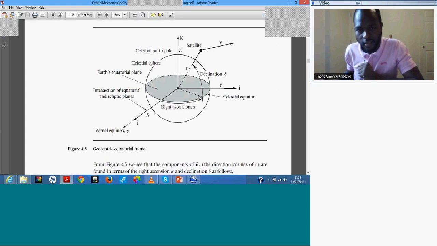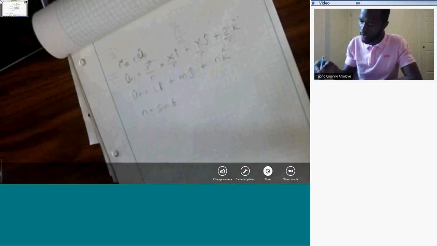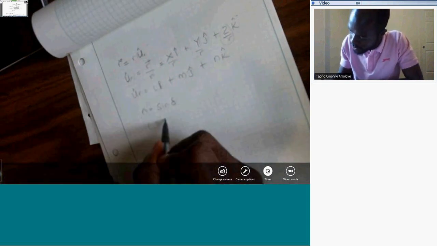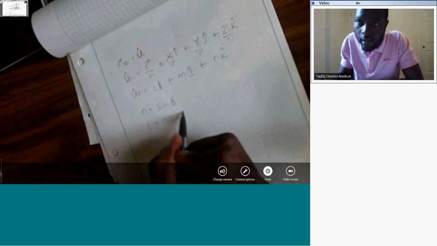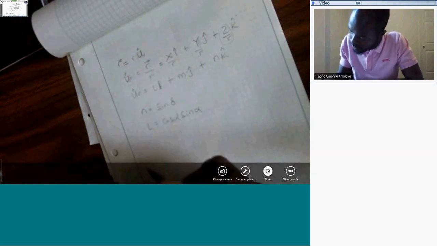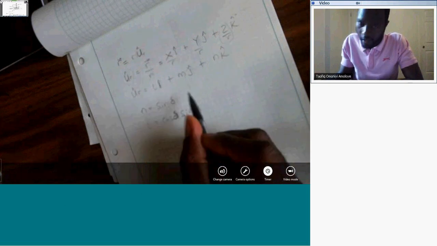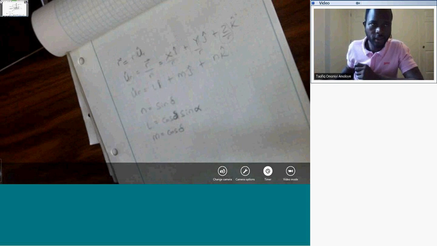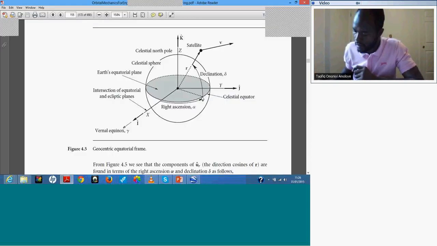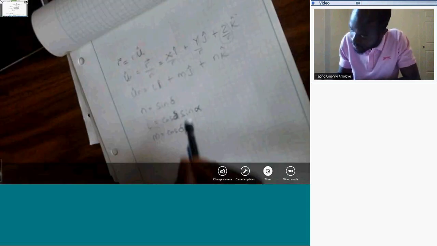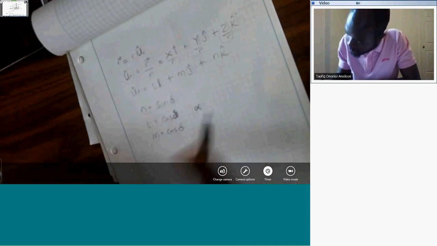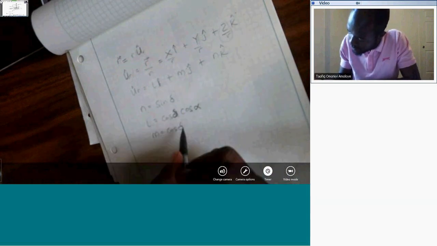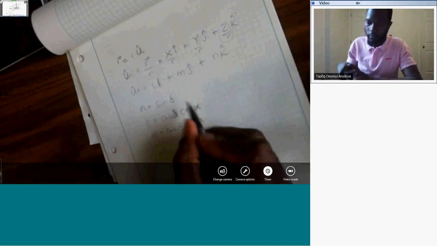If we want its component in the x direction, we just have to do cos delta cos alpha, where alpha is the right ascension there, and in the y direction it will be cos delta sine alpha, as can be seen from here.